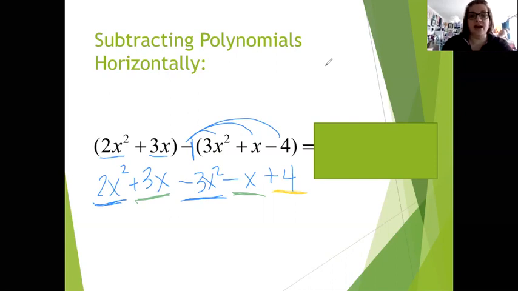So I'm going to combine these guys. 2 minus 3 will be a negative 1. 3 minus 1 is 2x. And then he doesn't have anybody to combine with, which is a bummer. So negative x squared minus 2x plus 4.